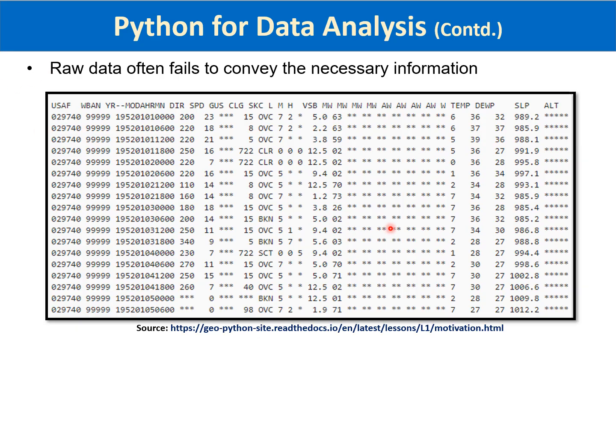Just to illustrate the point that raw data often fails to convey the necessary information. This data pertains to temperature anomaly that has been observed over a long period of time. But we cannot make anything out of this data. We cannot derive any useful information.